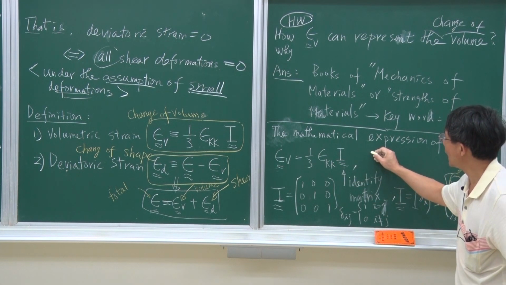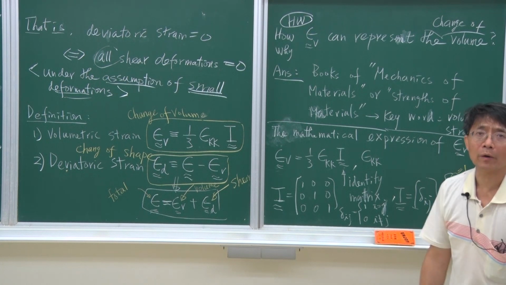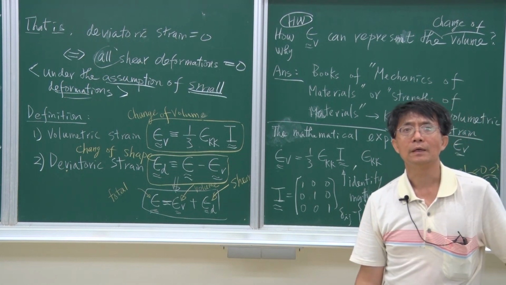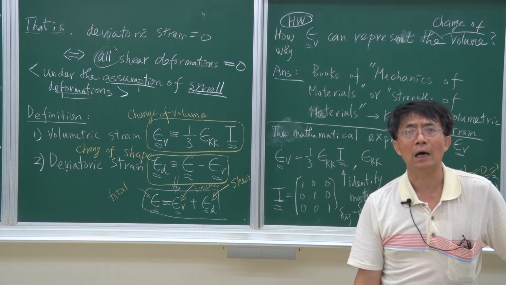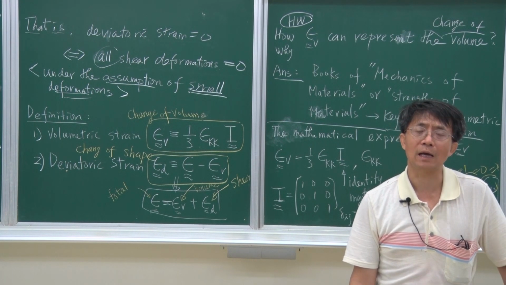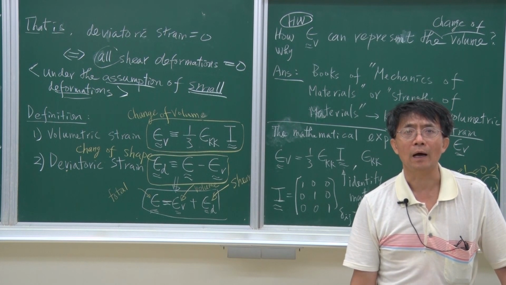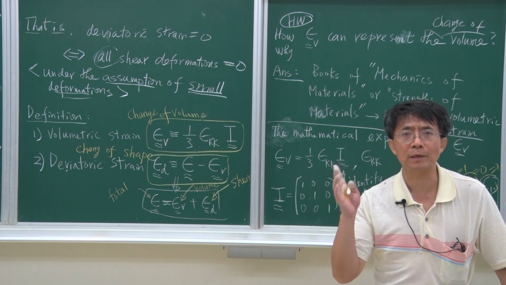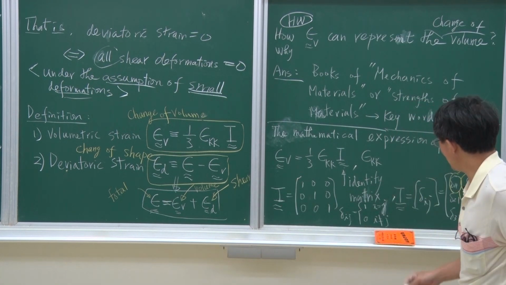Now, what is epsilon kk? As I already explained to you, it is an expression in terms of the Einstein notation. What is the Einstein notation? Einstein notation tells us that when an index repeats itself, we should sum over it. What do you mean?